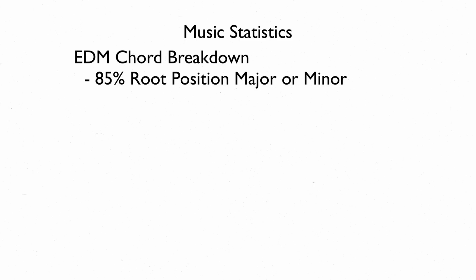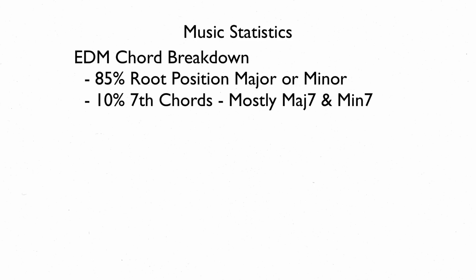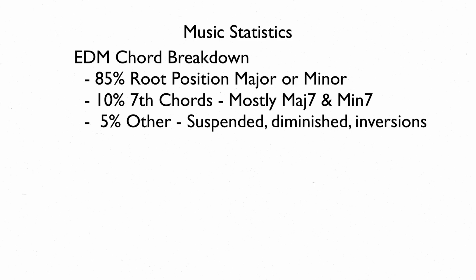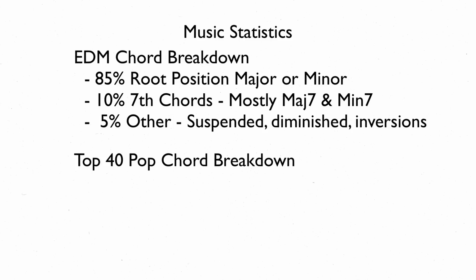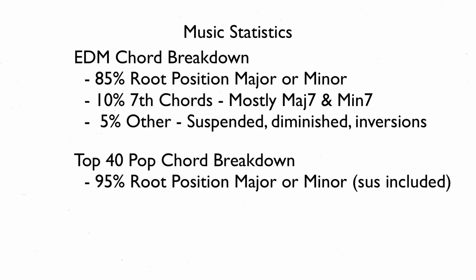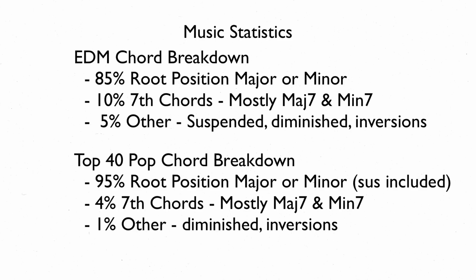In EDM, about 85% of the chords are root position, major, or minor chords. 10% are seventh chords, the majority being major seventh or minor seventh, and 5% are other, including suspended, diminished, and inversions. In top 40 pop, about 95% of the chords were major or minor triads in root position. This time we included suspended chords in the mix, so some portion of that 95% are sus chords. Then we estimated about 4% are seventh chords and 1% other.